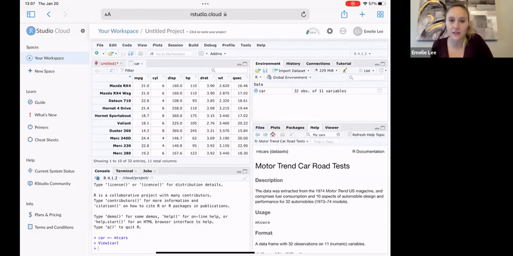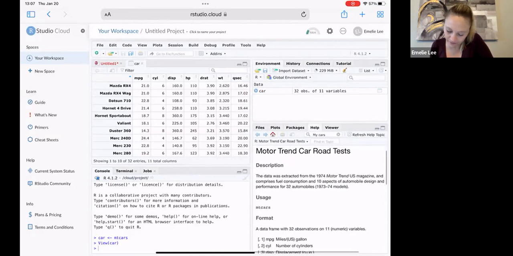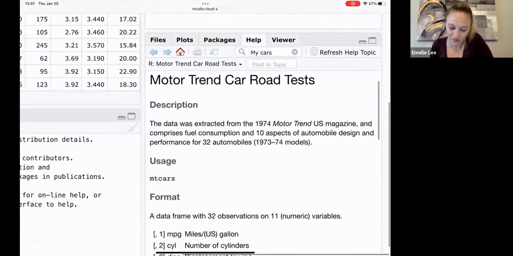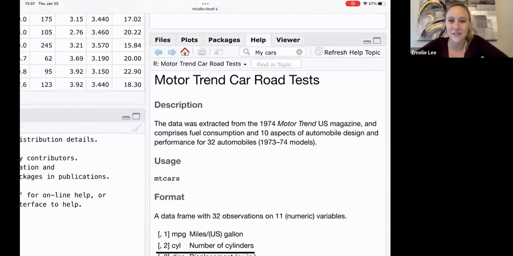If we look at the help for mtcars, which is in the default data sets, so there are lots of data sets that already exist in R, so you don't have to import them. The data was extracted from the 1974 Motor Trend US magazine. So it's very old compared to our cars now, right?